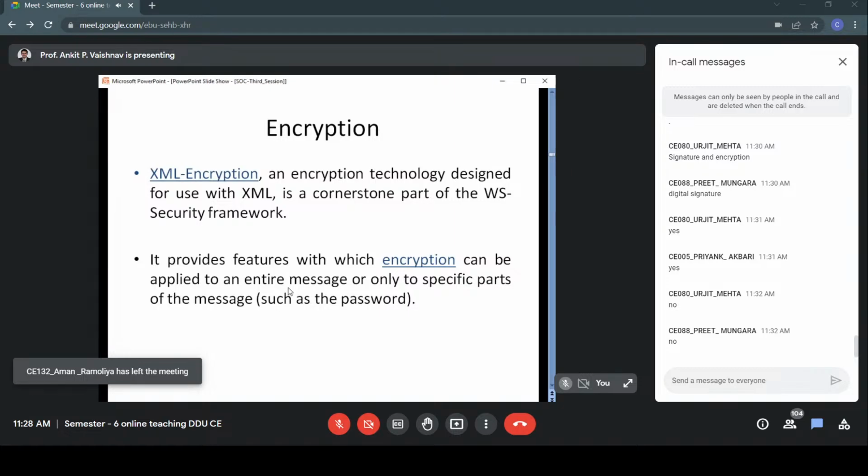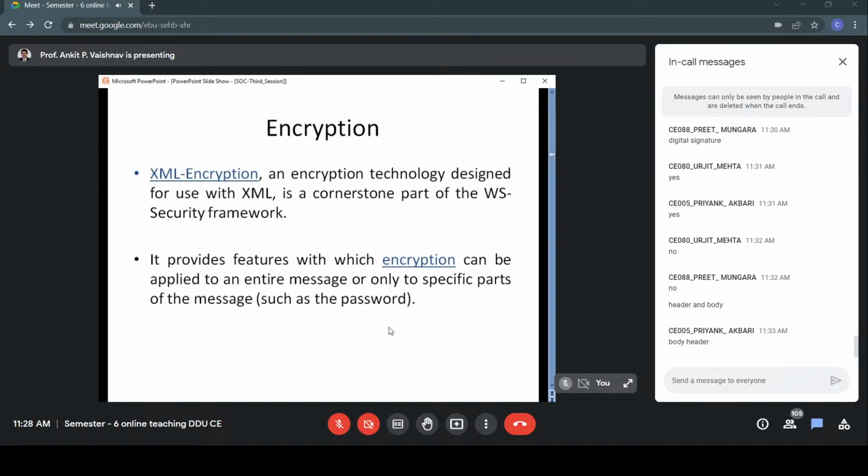Okay. So XML encryption is a customized standard, right? If you want to encrypt the entire message, that is also possible. If you want to encrypt only a part of that message, it is possible, right? Okay. Which are the two parts of the SOAP message? Anyone remembers that? Which are the two main parts of the SOAP message? Header and body, correct.